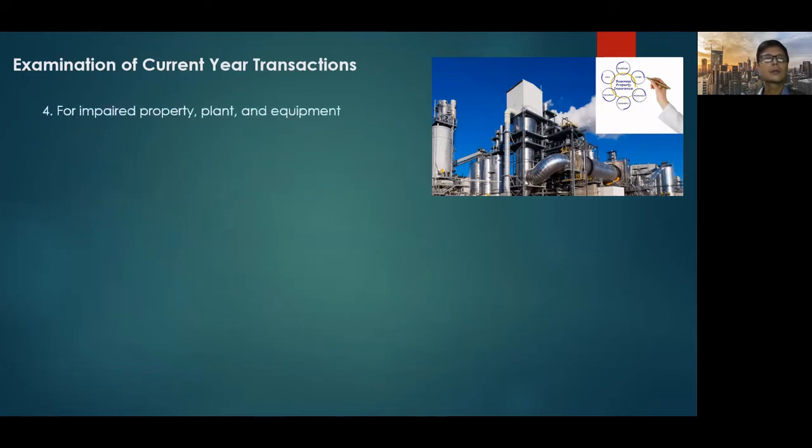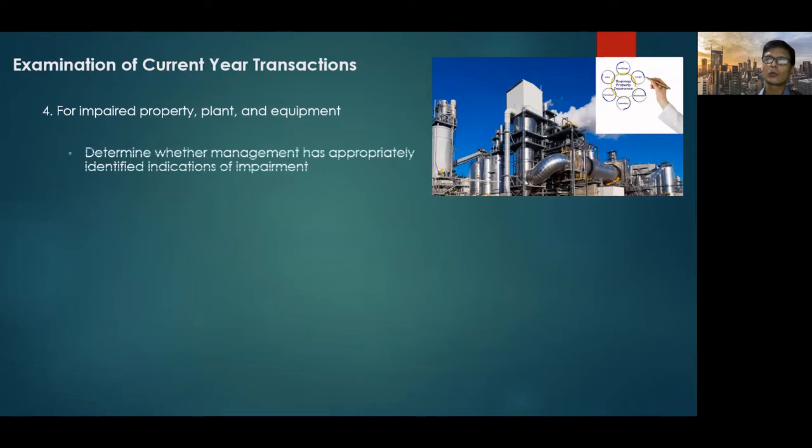And then number 4, for impaired property, plant, and equipment, determine whether management has appropriately identified indications of impairment. So ito yung mga nai-impair, no, na property, plant, and equipment. So pag sinabi na-impair, nagkakaroon ng kumbaga yung bang damage, no, yung particular na asset na yon.